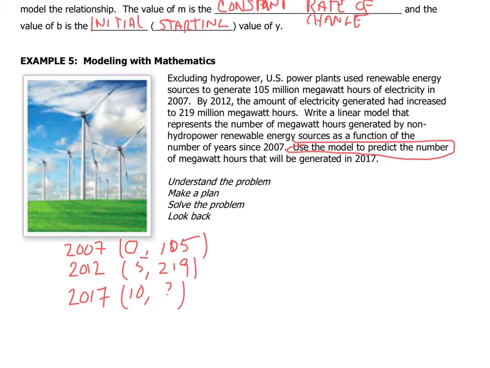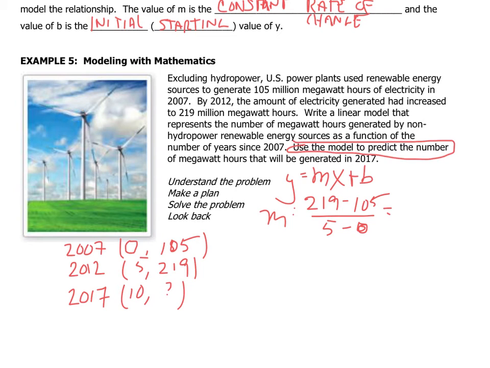So we still want to look at y equals mx plus b. Okay, so here's my m. We want to know the number of million megawatt hours per year to help us figure this out. So if I was solving this, I would need to know that we went from 105 to 219, and that was year 0 to year 5.